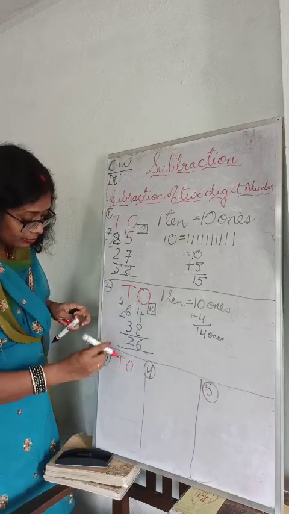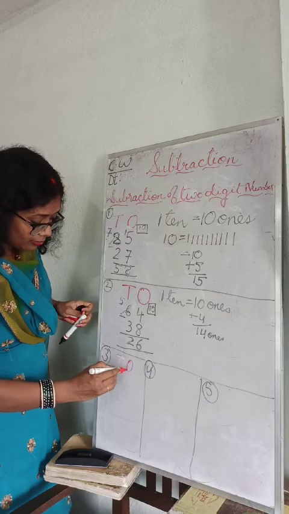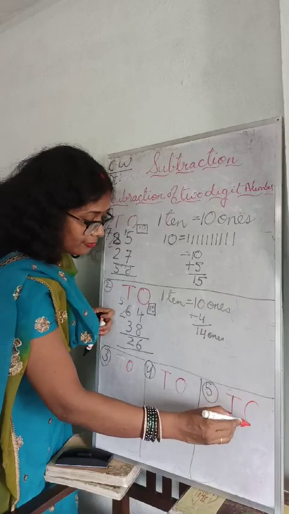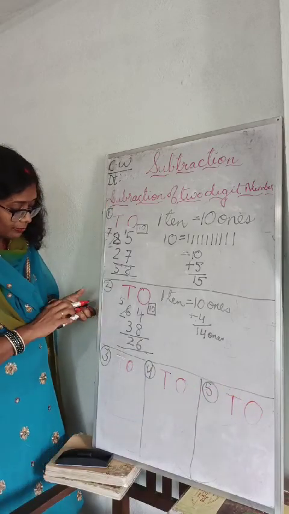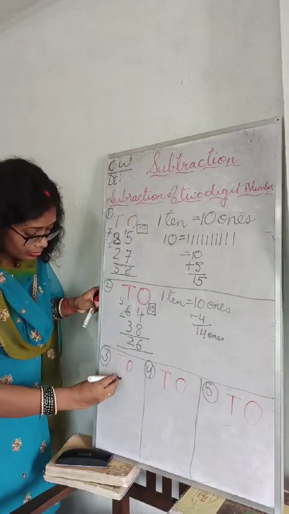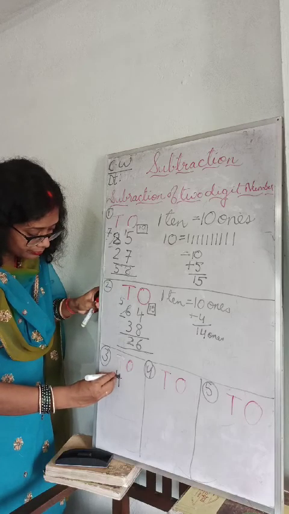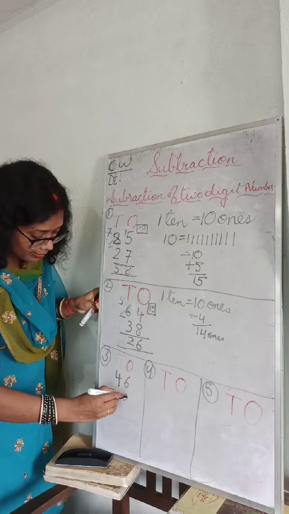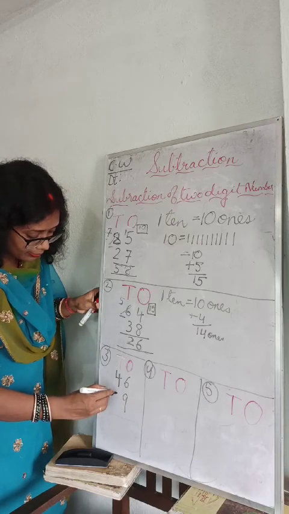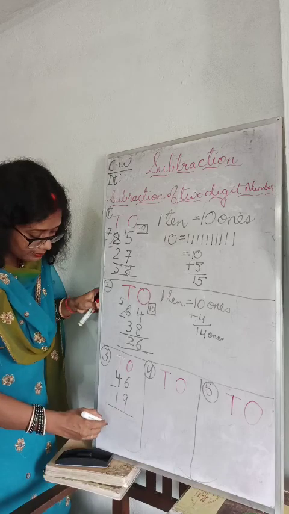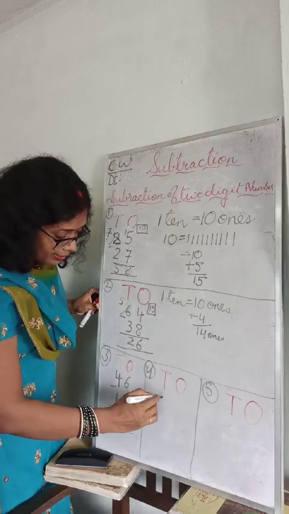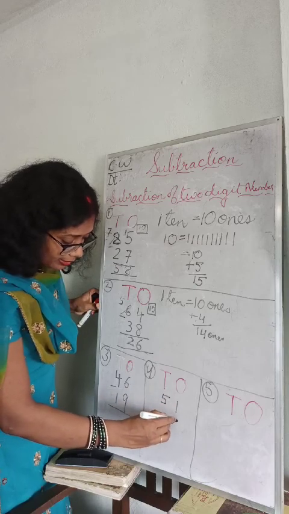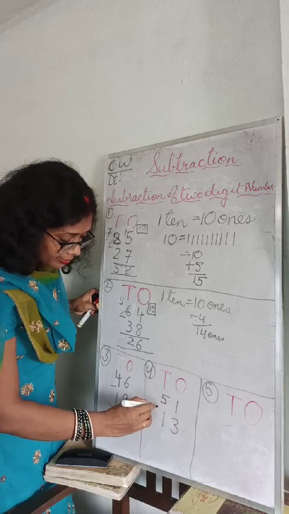First let me write here tens, ones, tens, ones, tens and ones. And then I am going to give the numbers to you. 46 minus 19.